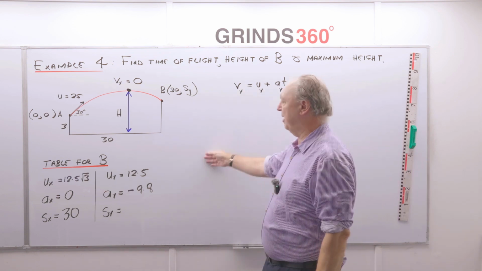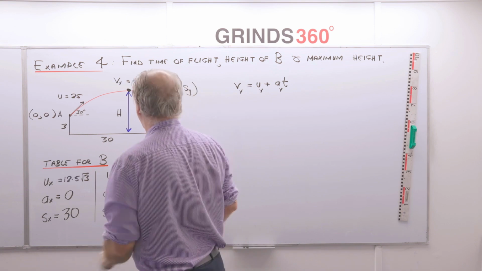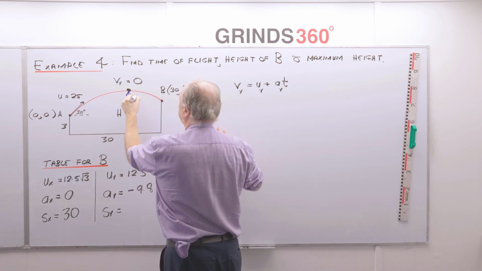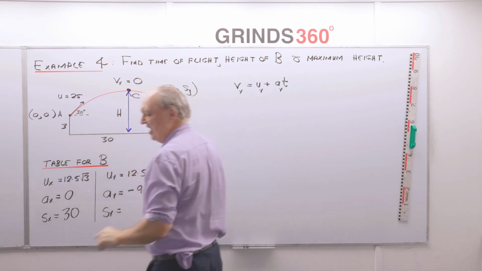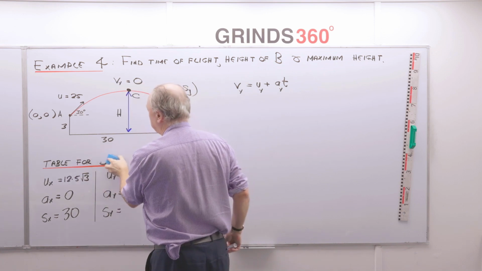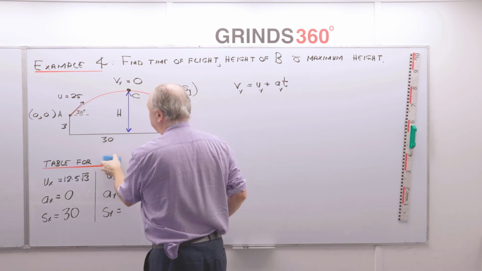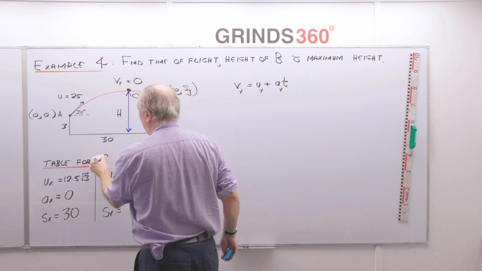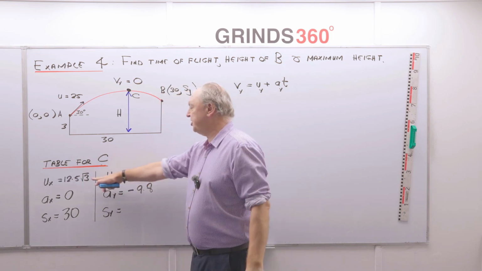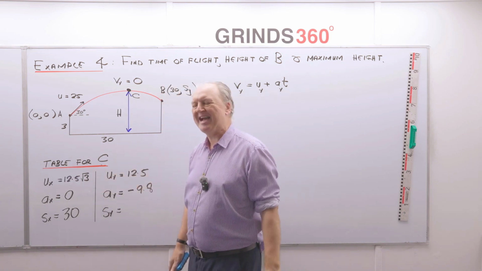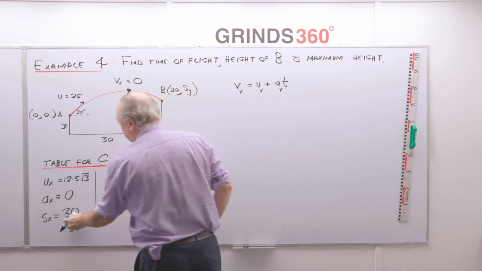What about my table? Well, let me call this point here, say, C. So now I'm going to do a table for C. The thing about your table is the first 2 entries will always be the same. The initial speeds will be the same, and of course AX and AY are always the same, but these will change.